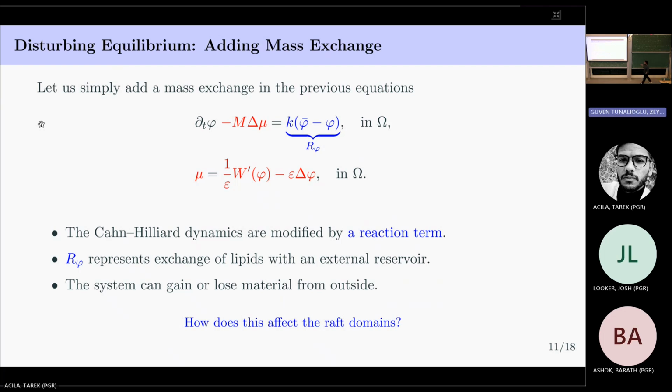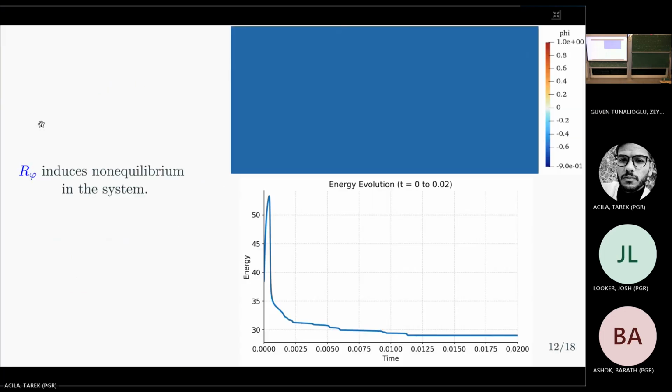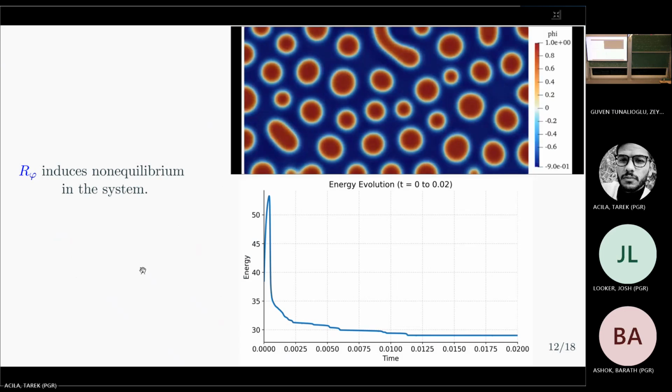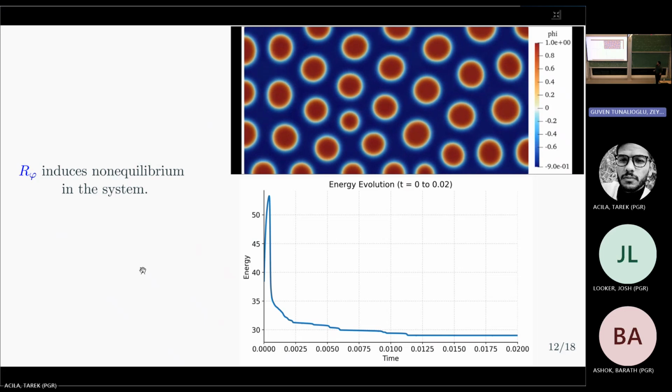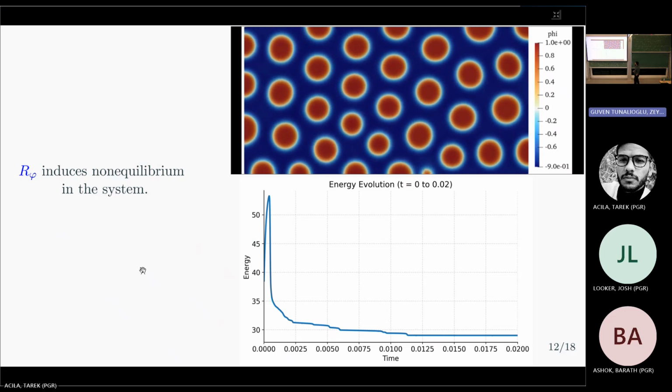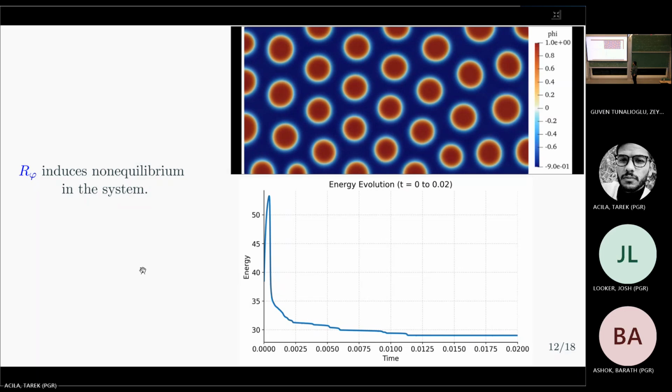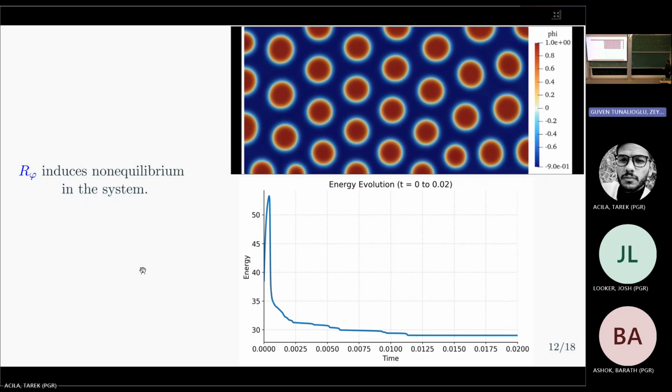So what would this do to the model? Let's see another simulation now. So again, I get those smaller domains. Will they stop or merge? They stop. Okay, it's better than the previous one. And you can see what the reaction term does to the energy.